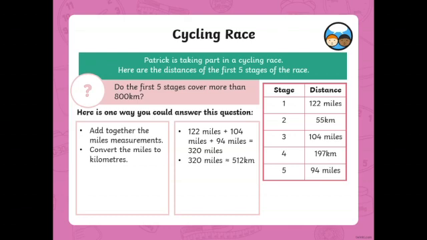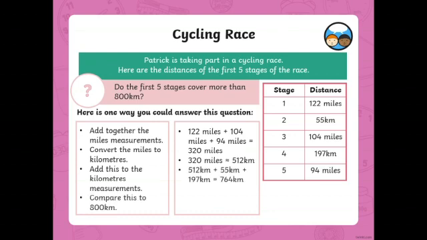So 320 divided by 10 is 32, double that is 64 when we divide it by 5. So then 64 times 8 is 512 kilometres. I then need to add on the kilometres I've got, and that will get me to 764 kilometres, which is less than 800.